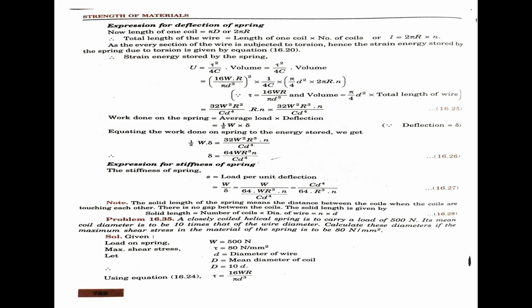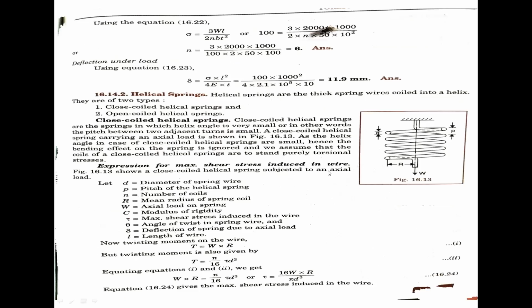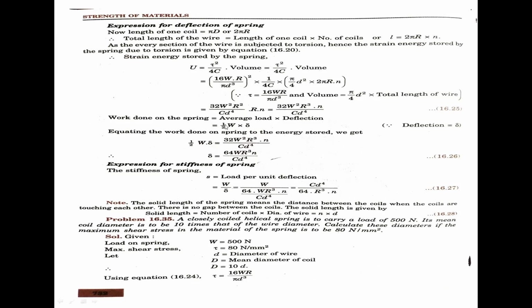Now the work done on this spring equals the area, that is average load into deflection. The average load for this helical spring is half of the load, W by 2, into deflection delta. Equating the work done on the spring to the energy stored, we get two equations to equate.